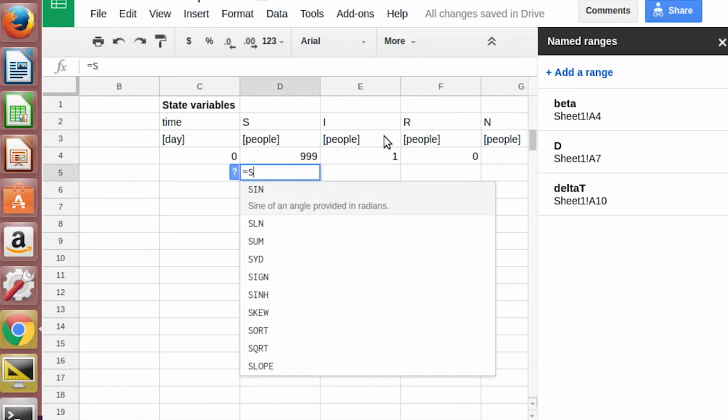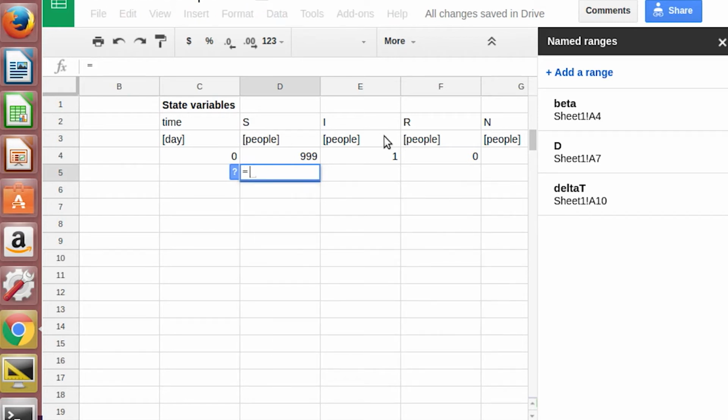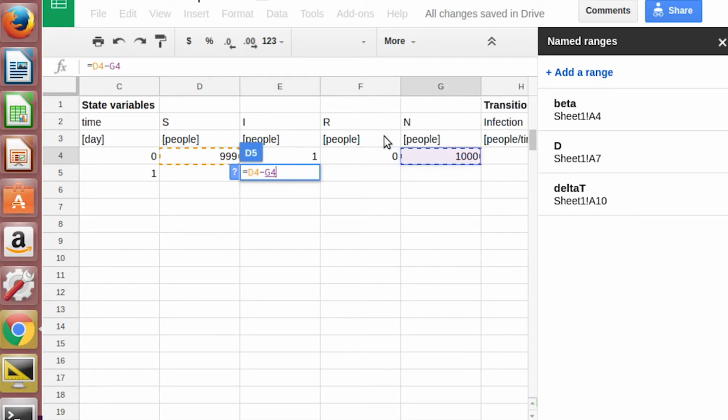And we do that because it's going to be recursive, minus the rate of infection. Okay. And now I'm going to hit enter. I'm not going to hit enter. Why am I not going to hit enter?